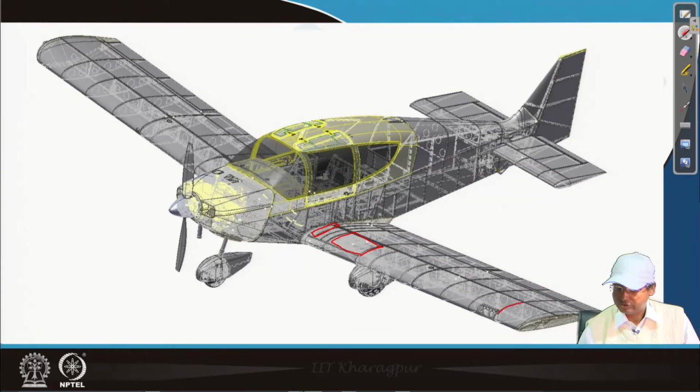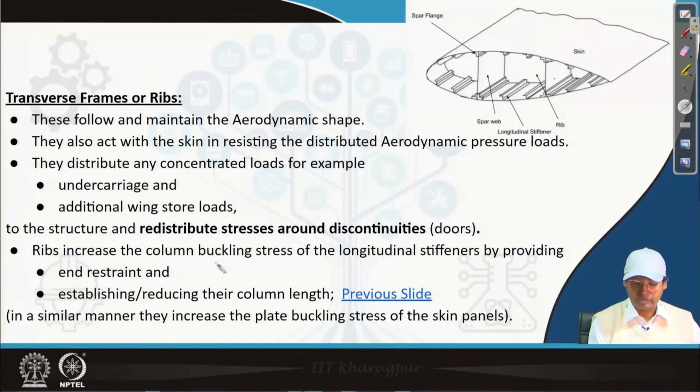Here also it is big, the skin panel. So, this reduces the size of the panel, thereby it enhances the buckling property of the skin. So, it increases the buckling stresses of the longitudinal stiffeners by end restraints, establishing or reducing their column length.